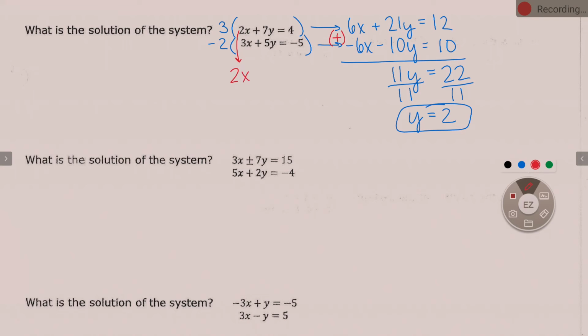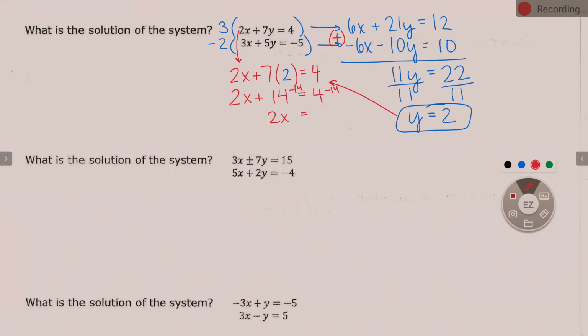So, if we do that, it's 2x plus 7 times y, which is 2, equals 4. 2x plus 14 equals 4. If it's 2x plus 14, we're going to subtract 14.